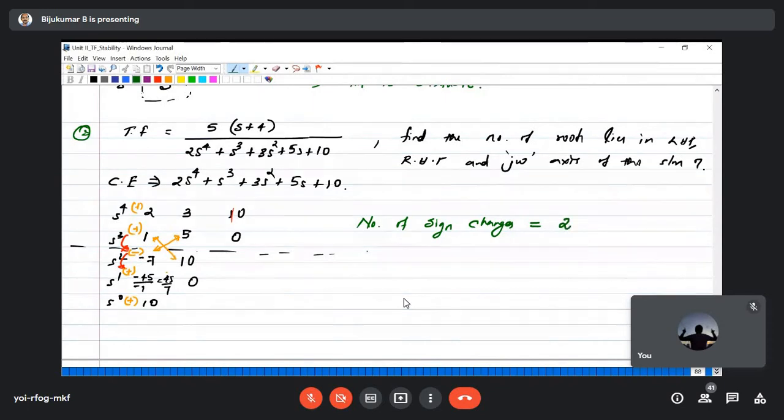That means how many poles in RHP? Number of roots in RHP is equal to 2, right? Now you tell me how many roots lie on LHP and how many lie on the j omega axis.